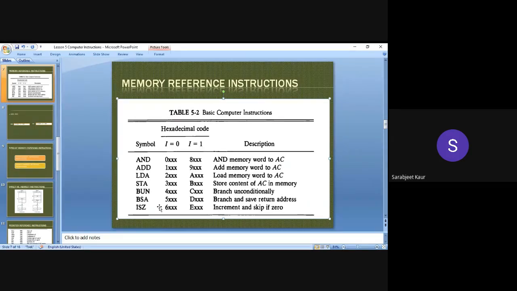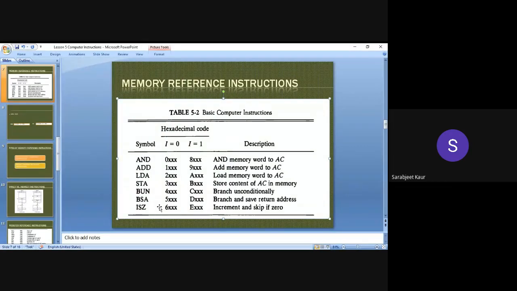Next is increment and skip if 0. If the contents of AC are 0, this instruction says to check if the contents of AC are 0, then increment the next instruction.